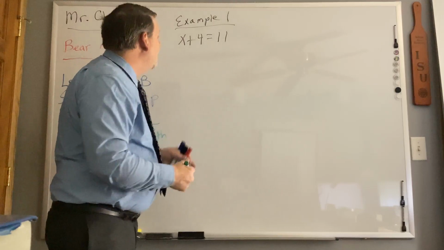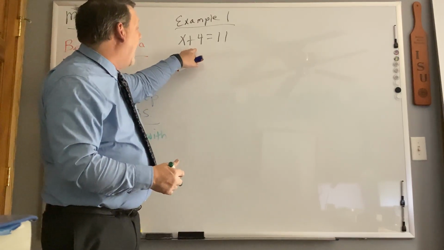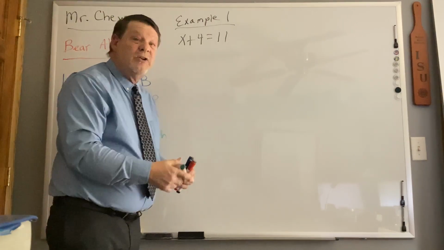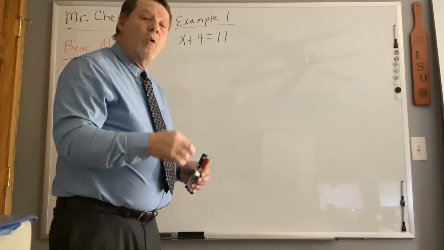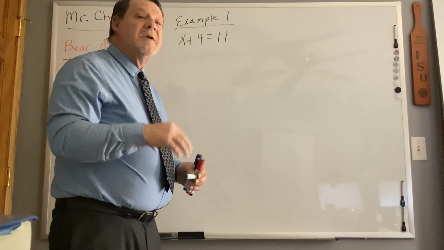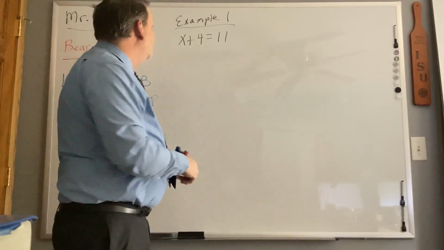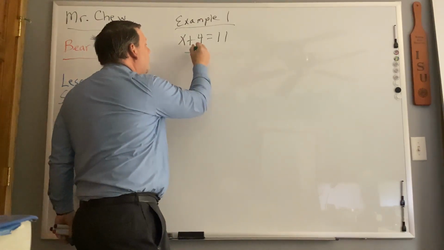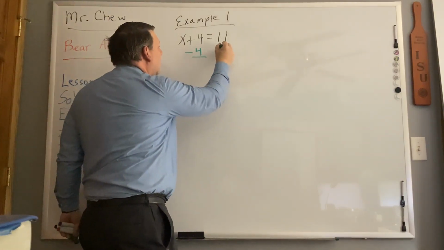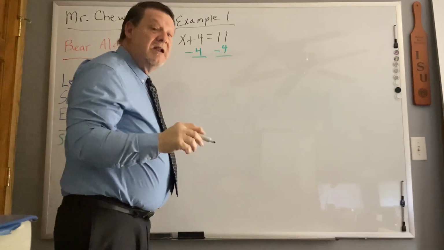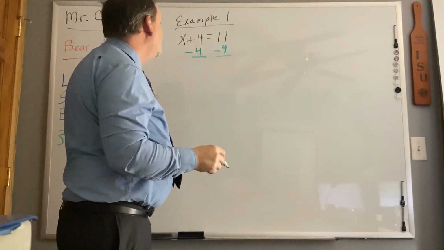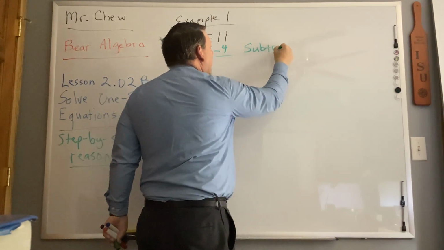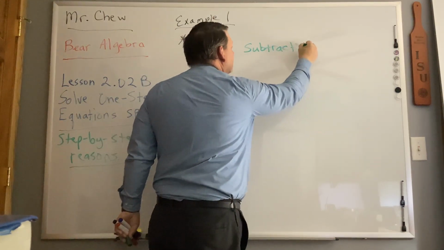They want you to say, how do I undo adding 4 to a variable? Well, you undo that by doing its inverse, or inverse operation, which means the opposite of. So the opposite of adding 4 is obviously subtracting 4. This is called the subtraction property of equality.